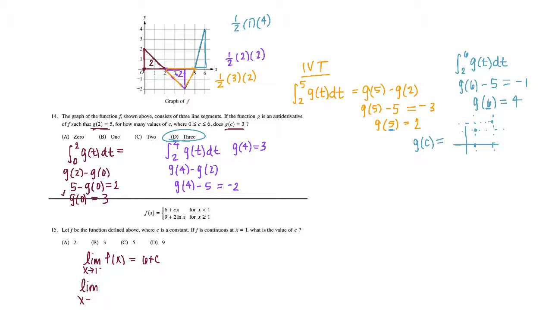So as x approaches 1 from the right of our function, that's going to give us 9 plus 2 natural log 1. The natural log of 1 is always 0, so that whole part goes out to 0. And then we just set these two equal to each other because that would have to be true if we were continuous. So we get C to be 3. So my answer choice is B.